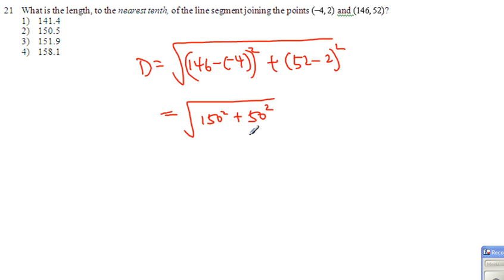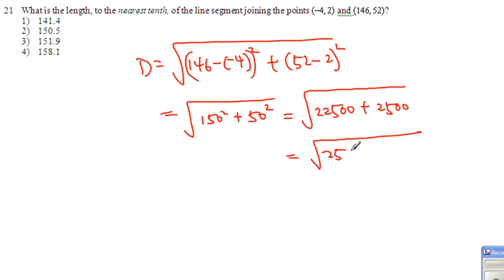Now, one thing which we can do is this. We could actually put them together. Then this becomes 22500 plus 2500. Then we realize that 2500 is a perfect square, which is 50 times 50.